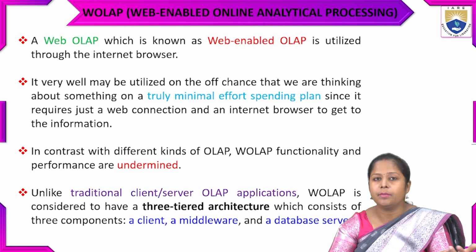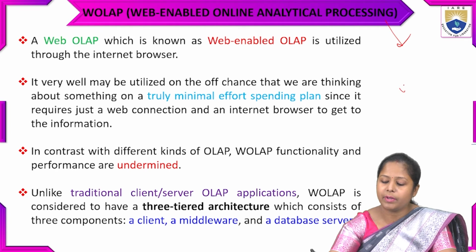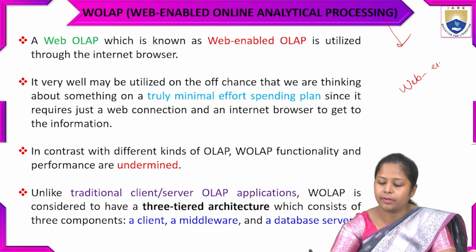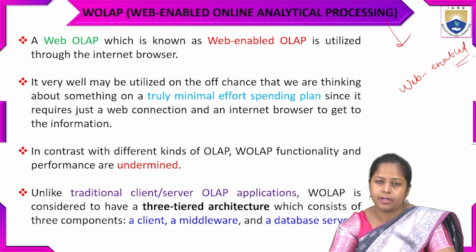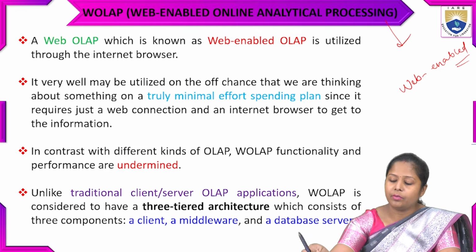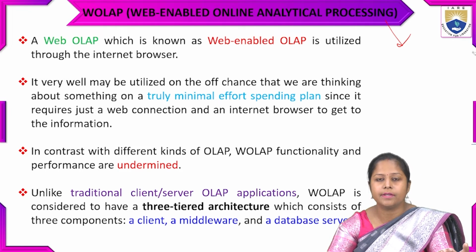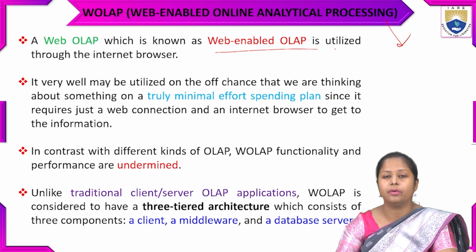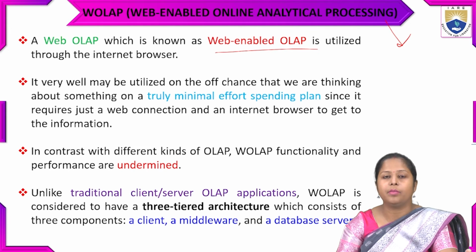Here other types of OLAP servers are also there. The first server is WOLAP, that is web enabled. That can also be implemented as an OLAP server. So what is basically web enabled? Web OLAP, sometimes known as web enabled OLAP, is going to be utilized through the internet browser.